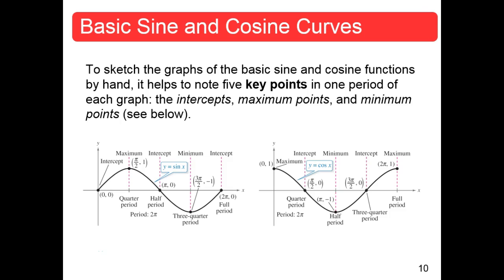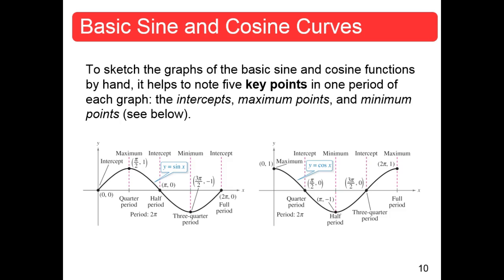Go another quarter period to half a period, and it's back down to 0. Another x-intercept. There's only one y-intercept, but there's an infinite number of x-intercepts. So at pi, you're back at 0, but this time you're going downhill, here you're going uphill.